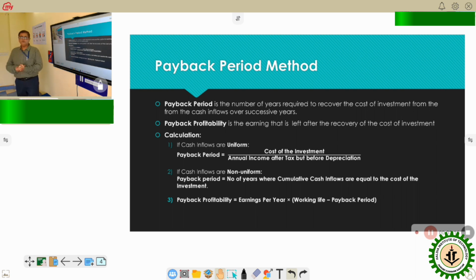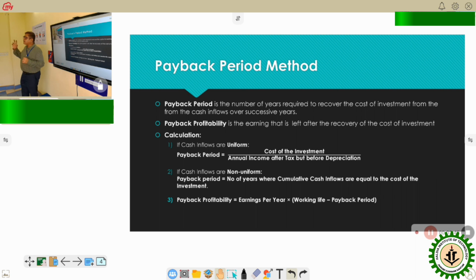Now, what is payback period? Payback period is the time required to recover the original cost of investment from the future cash flow. That means whenever a project is undertaken, they identify that this is the investment amount, this is the budget.